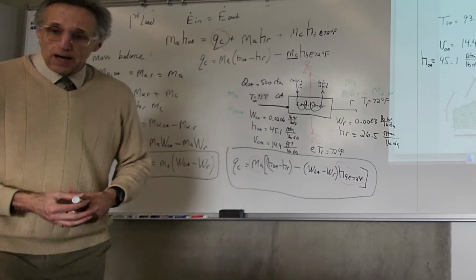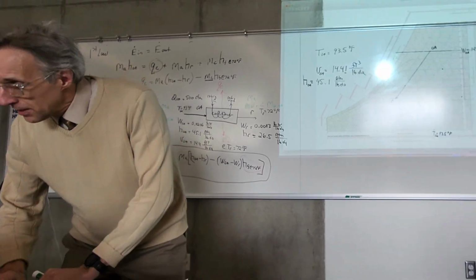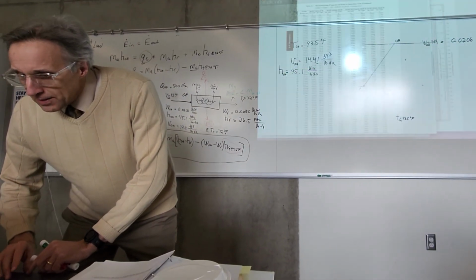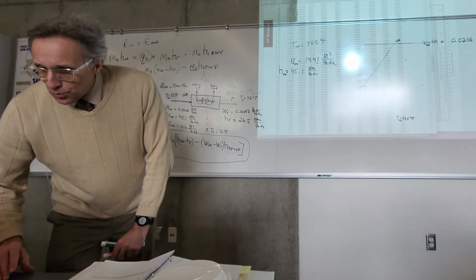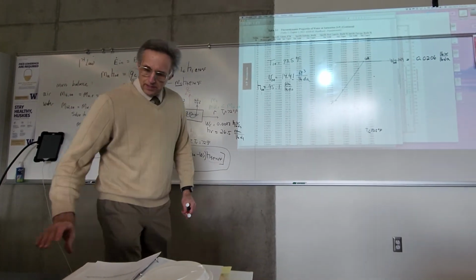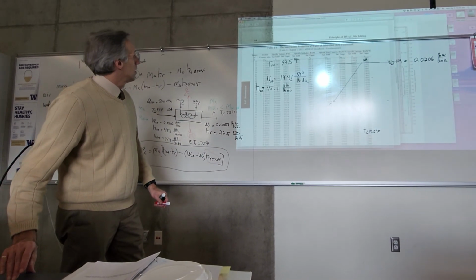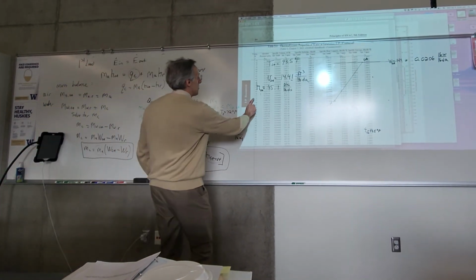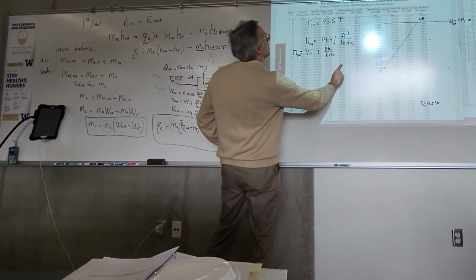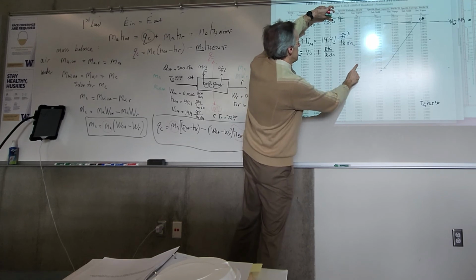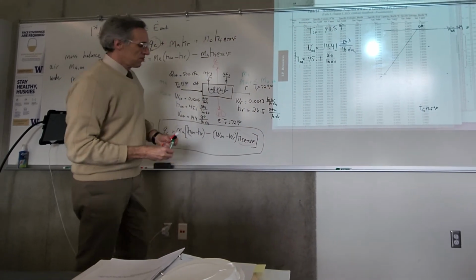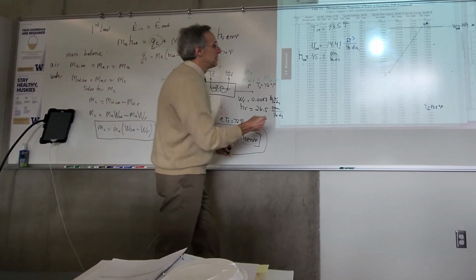Okay, so we can look that up in our table. We just go to water at 72 degrees. So here's 72 degrees. Enthalpy of the liquid is 40.077, we'll call it 40.1.